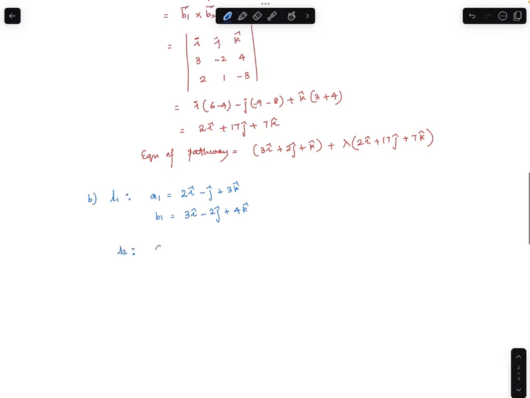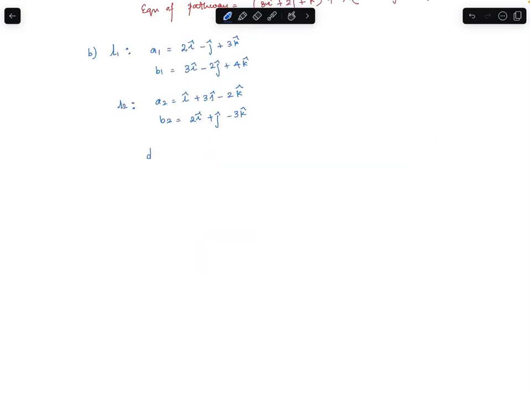From L2, a2 is i plus 3j minus 2k and b2 is 2i plus j minus 3k. Shortest distance is given by the modulus of the dot product of (a2 vector minus a1 vector) and (b1 vector cross b2 vector), divided by the magnitude of the cross product of b1 vector and b2 vector.